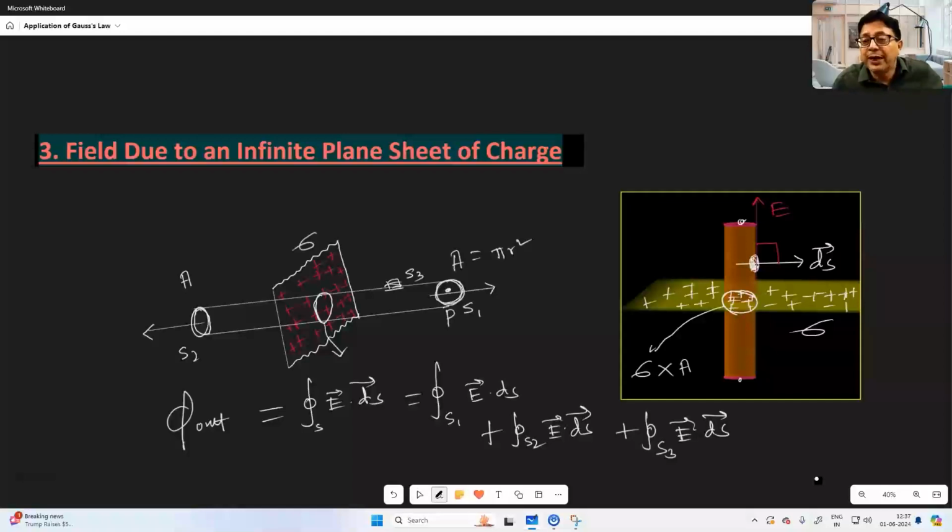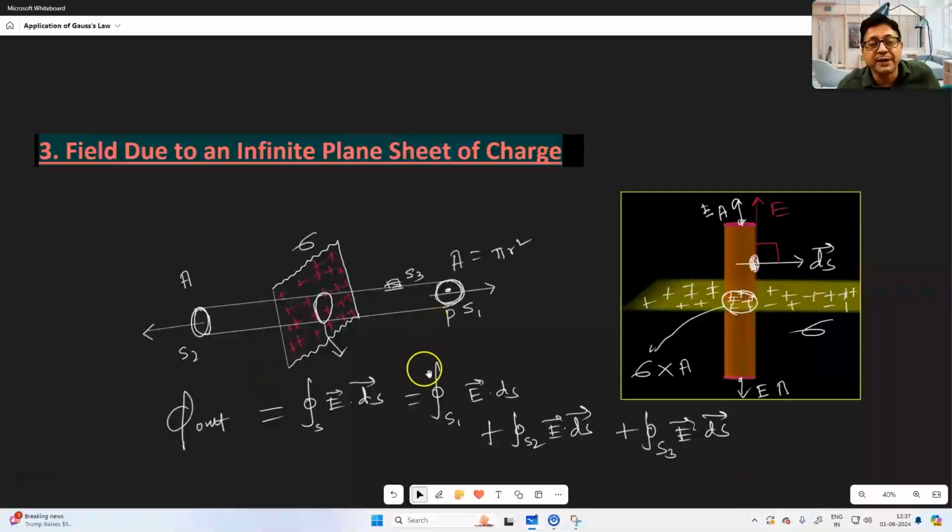So it will be through the end cap only. E into A, that flux will go perpendicular to the end cap. Here also E into A will pass through this end cap perpendicular to it. E multiplied by A. But around the curved surface, it is not there.